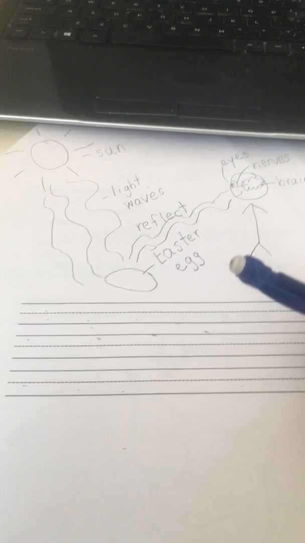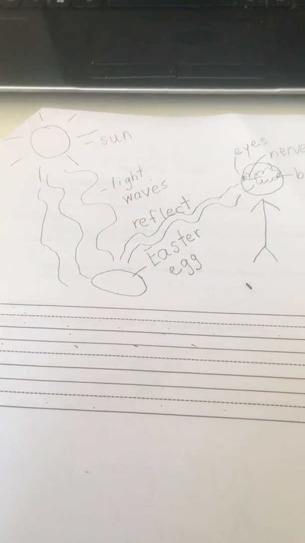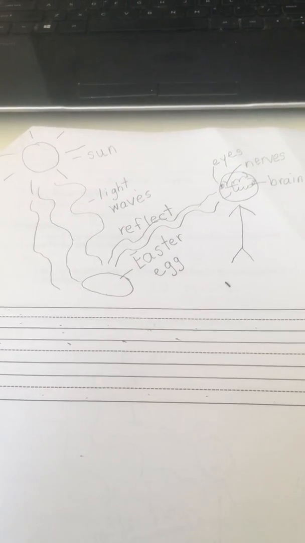All right, so please take your time and write your sentence neatly and carefully. And if you need to hit pause on this video while you're doing that, you can.